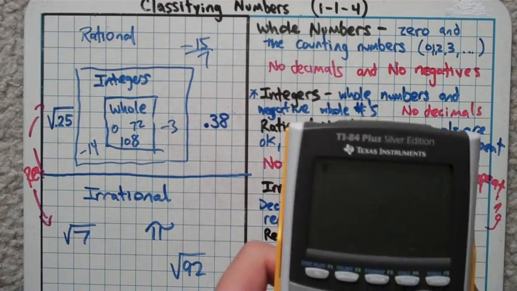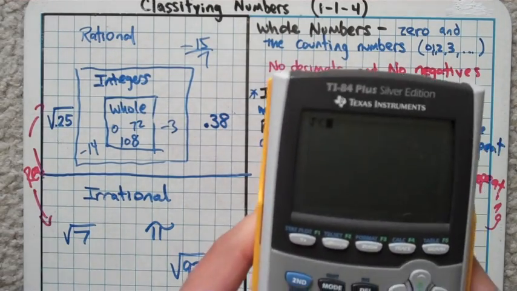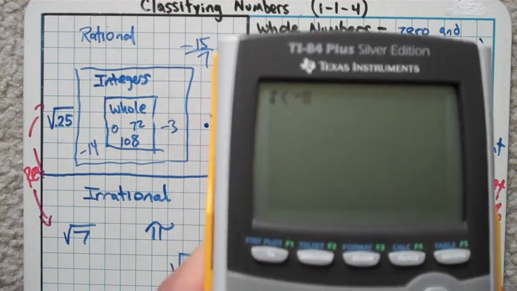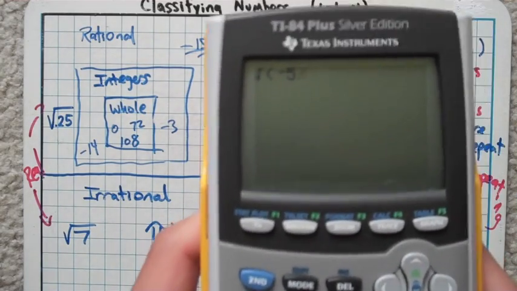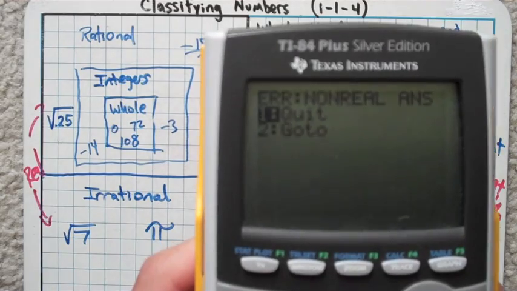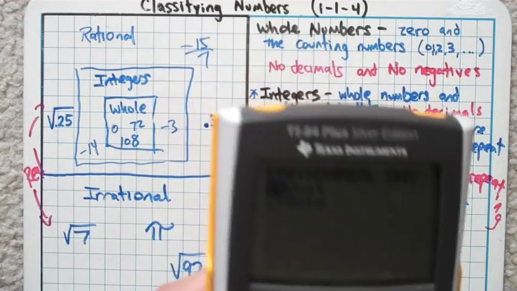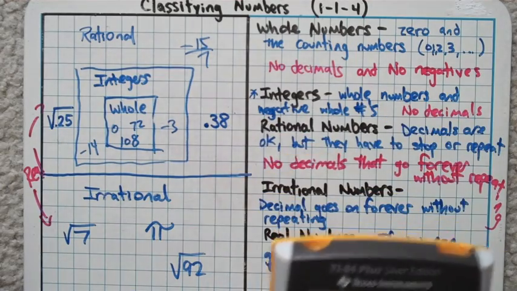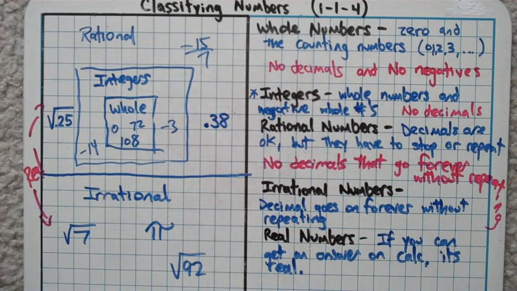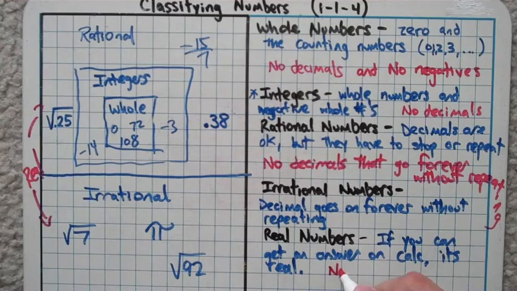If I were to do on my calculator here, the square root of negative 5, and I try typing that in my calculator, it's going to say error, and it even says on here, non-real answer. So the answer is not a real number. That's the most common type you can see right now. So I'll go ahead and write that on here just so you guys have it. No square roots of negatives.